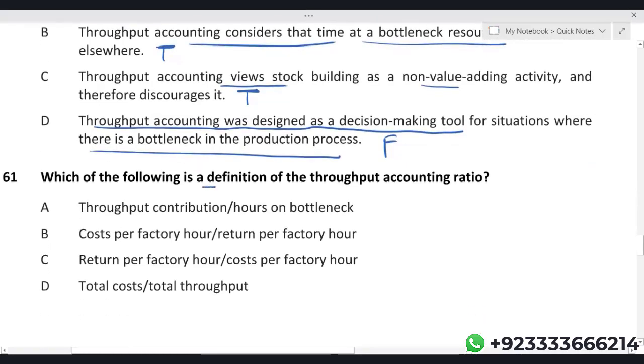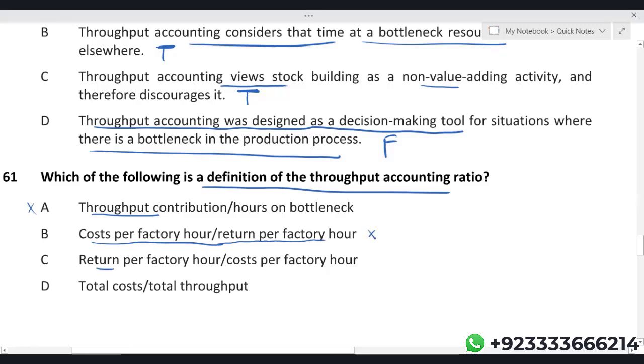Which of the following is a definition of throughput accounting ratio? How do we calculate throughput accounting ratio? Simply, return per factory hour divided by cost per factory hour. Throughput accounting contribution, no. Consider cost per factory hour and return per factory hour.